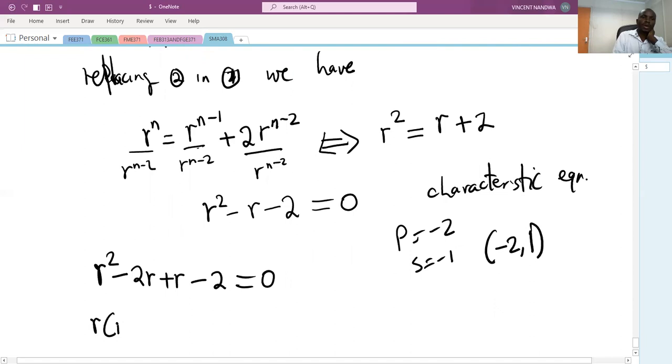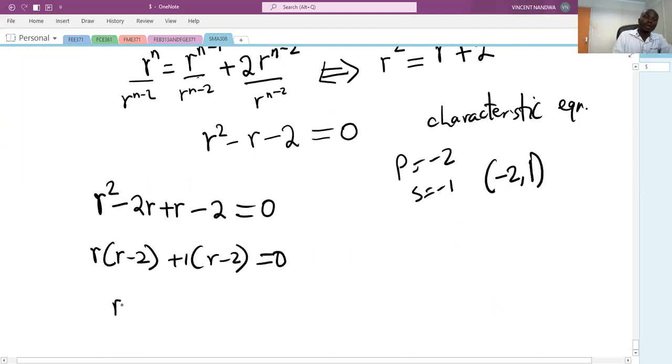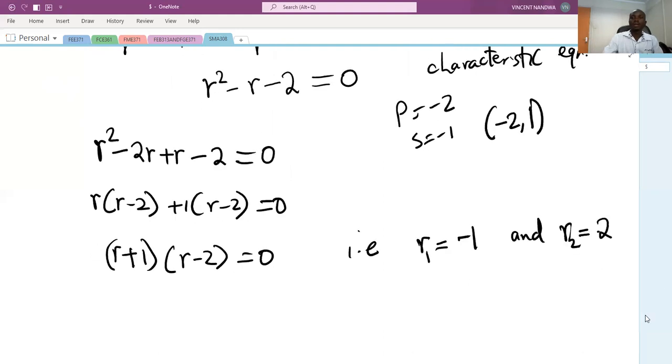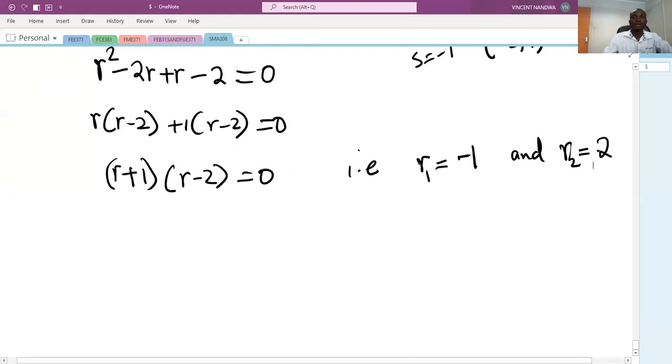So it'll be r into r minus 2 plus 1 into r minus 2 equals 0, and so r plus 1 times r minus 2 equals 0. This means that r1 is negative 1 and r2 is positive 2. So these are cases whereby we have two distinct roots of the characteristic equation.